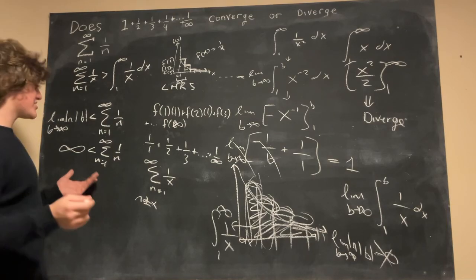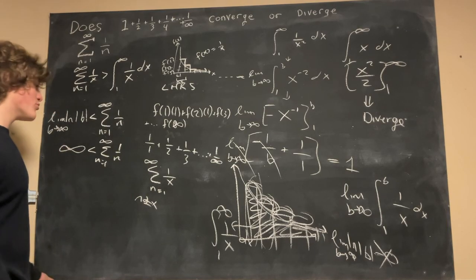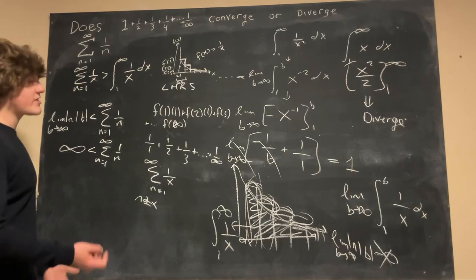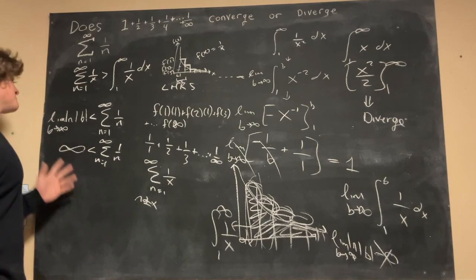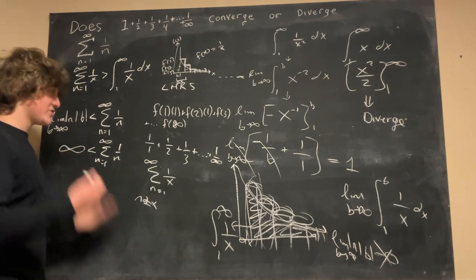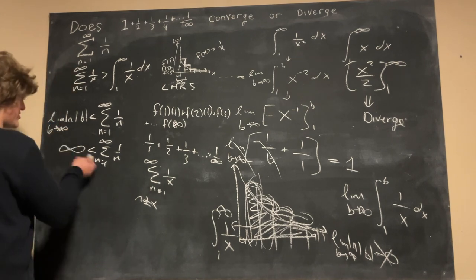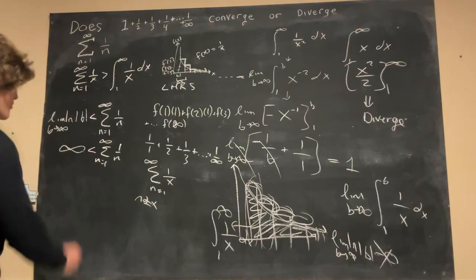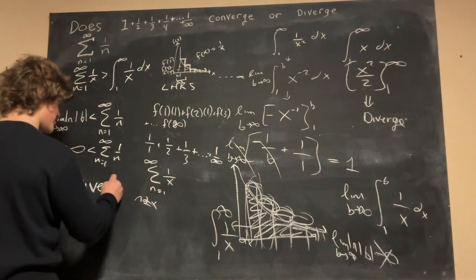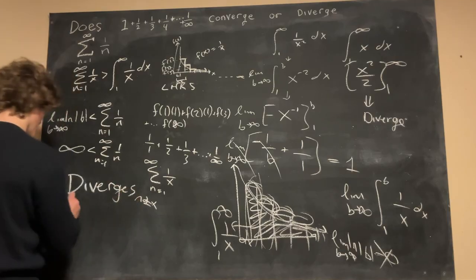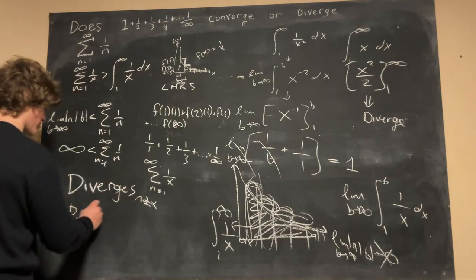It's not actually going to be more than infinity; you can't be more than infinity, really. There are different types of infinities, however this is still a countable infinity. So we know that this series just diverges. This is just for the sake of the proof. Now we can state that this series diverges by the integral test.